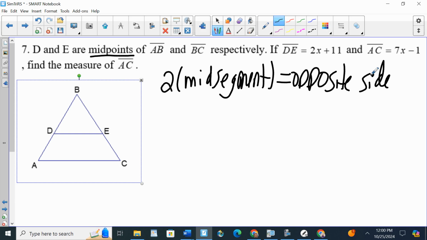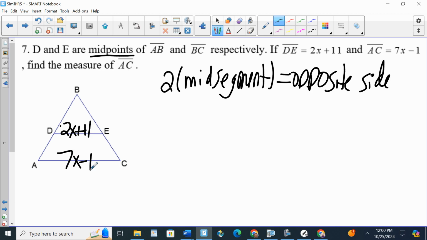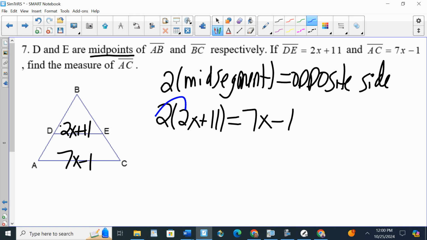So if DE is 2x plus 11 and AC is 7x minus 1, 2 times the mid-segment equals the opposite side. 4x plus 22 equals 7x minus 1.